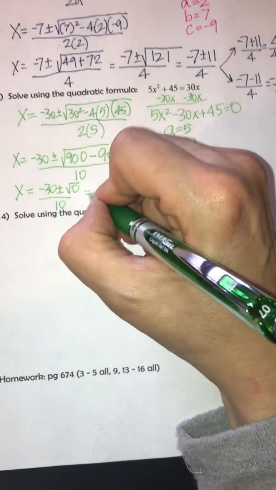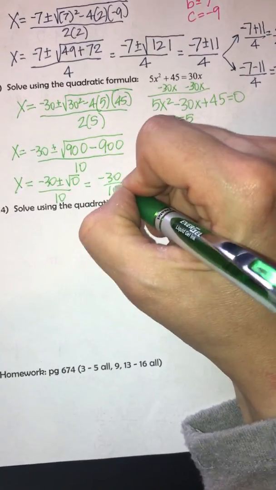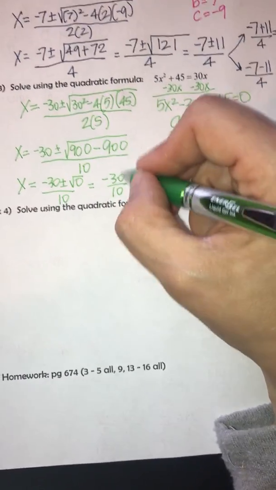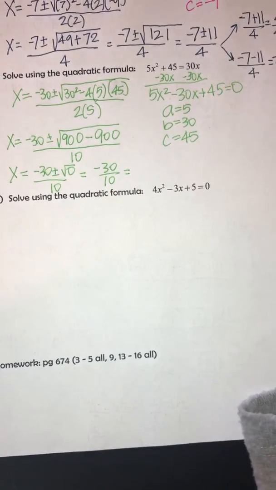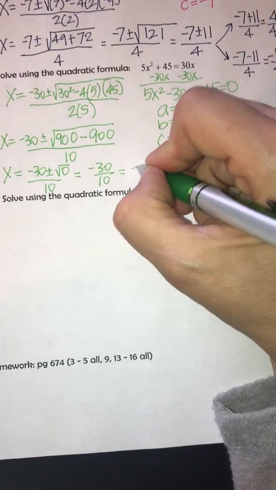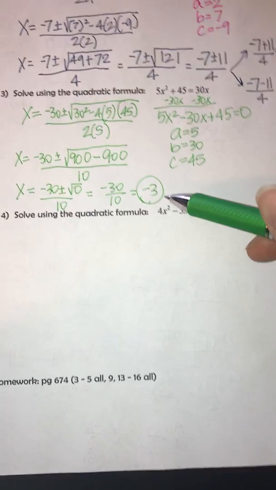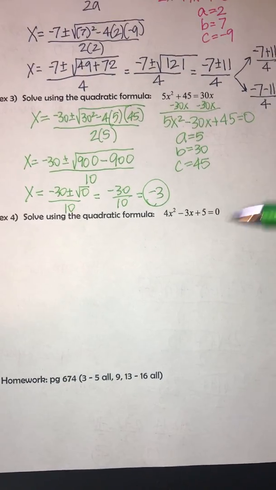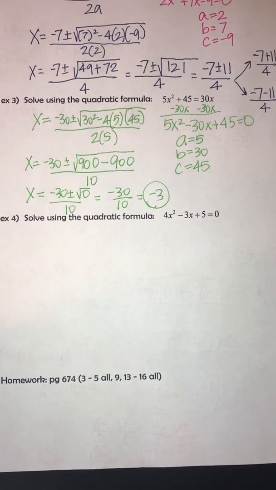Square root of 0 is just 0. So plus or minus 0, we don't really need to do, because you don't add 0 or subtract 0, it doesn't change. So this answer, actually, we end up with just one answer, just negative 3. And if you go back to the warm-up questions, it's kind of similar to that, where you just get the one solution.